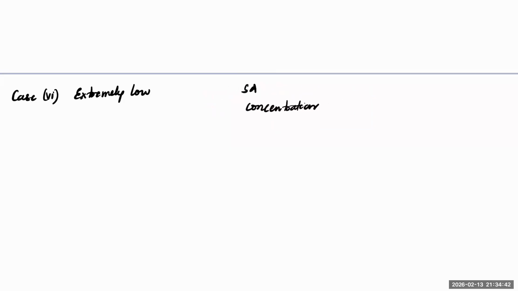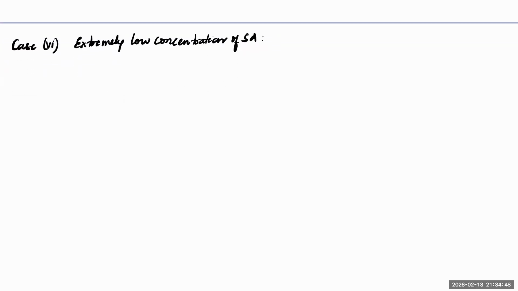That's how I need to write that down. Extremely low concentration of strong acid. We'll do it with an example. Suppose HCl concentration is given as 10 raised to power of minus 8, then find the pH of the aqueous solution.